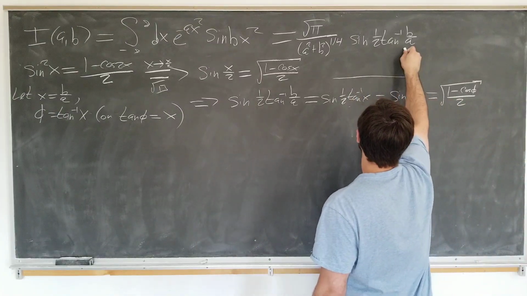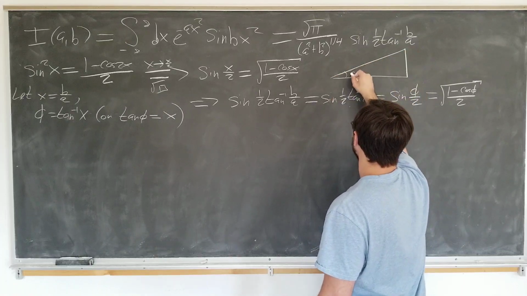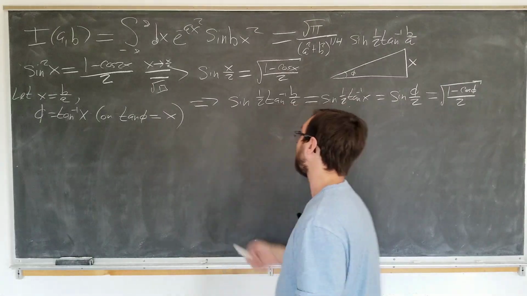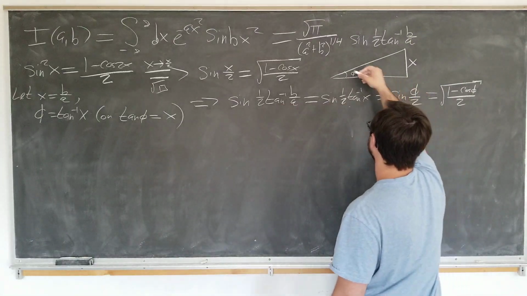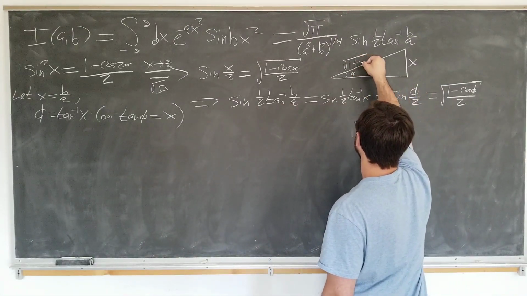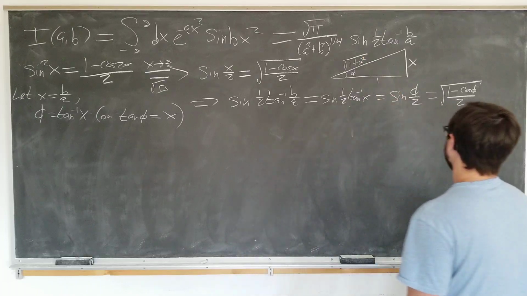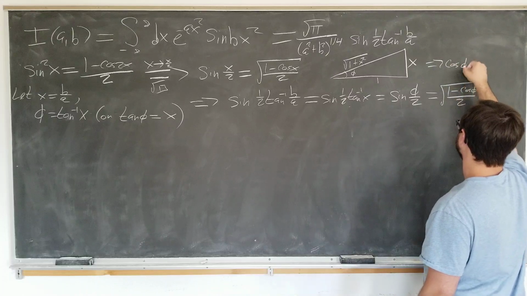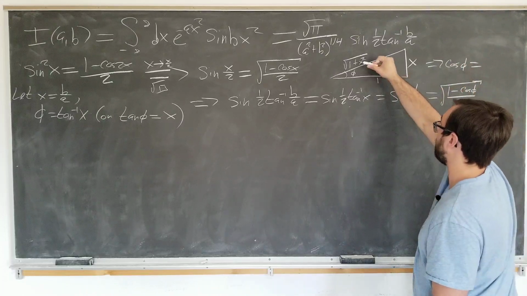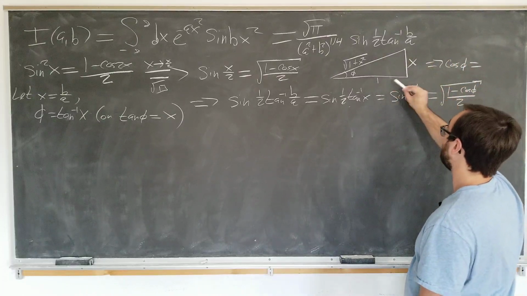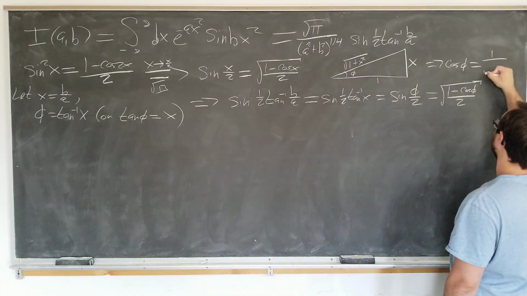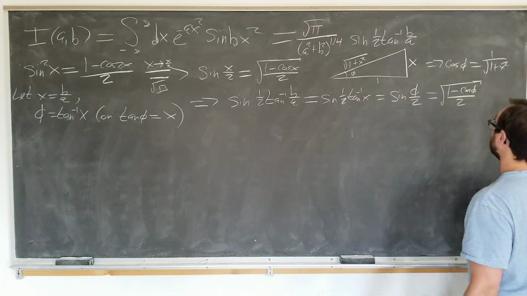We have a triangle like this with an angle phi, and we know that tan phi is equal to x, so we put an x here and a 1 here. The hypotenuse becomes the square root of 1 plus x squared, and we're good to go. This tells us that cosine of phi is the adjacent over the hypotenuse, 1 over the square root of 1 plus x squared.